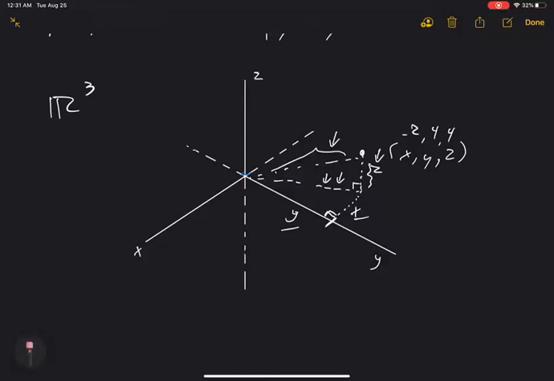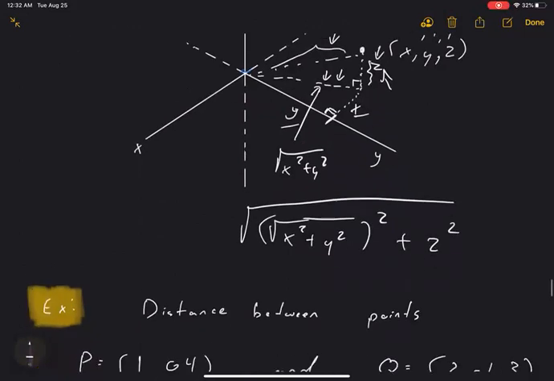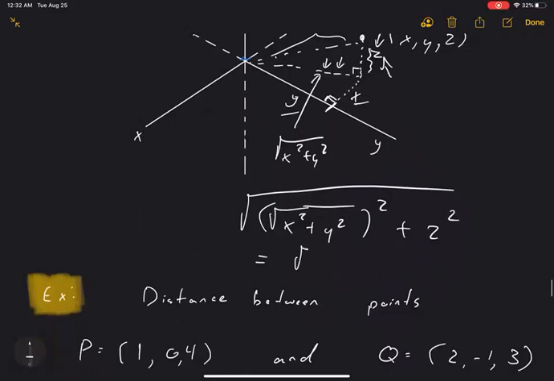Let's see. What is this length here? This length here is the square root of x squared plus y squared, and this is z squared. So the length that I'm looking for should be the square root of x squared plus y squared, all squared, plus z squared. And if we simplify that, that's the square root of x squared plus y squared plus z squared.